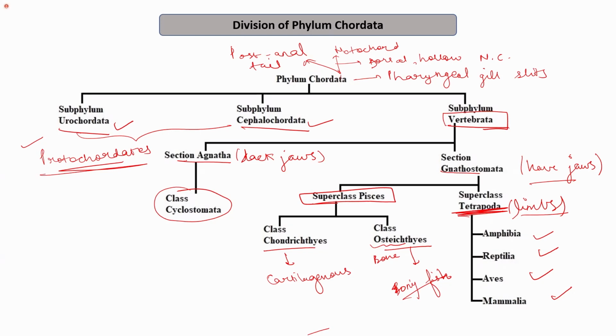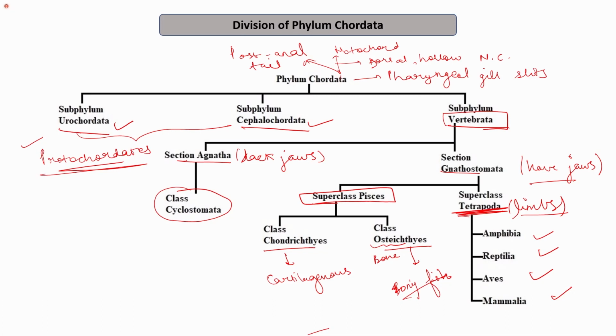Then the other superclass is the tetrapods. Tetra means four, poda means appendages, right? Like in arthropods, we see that arthropods are the ones which have jointed appendages. So tetrapods means which have four appendages, four limbs. So we humans, for example, are tetrapods.